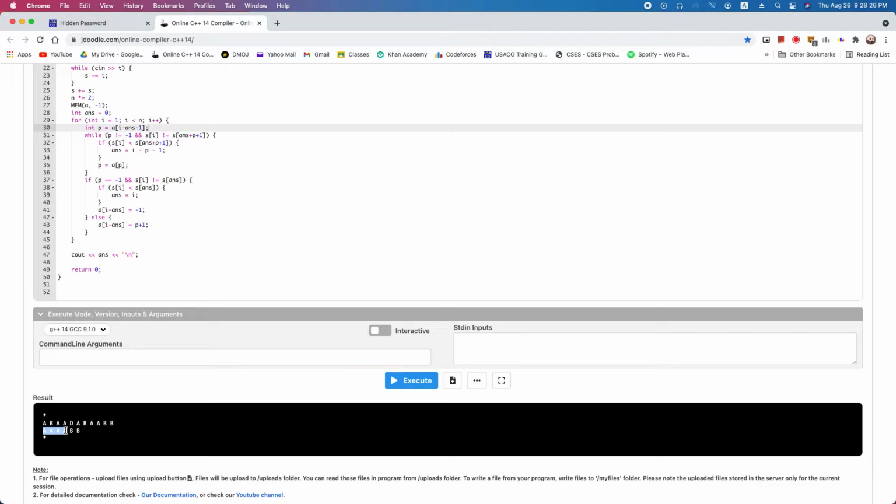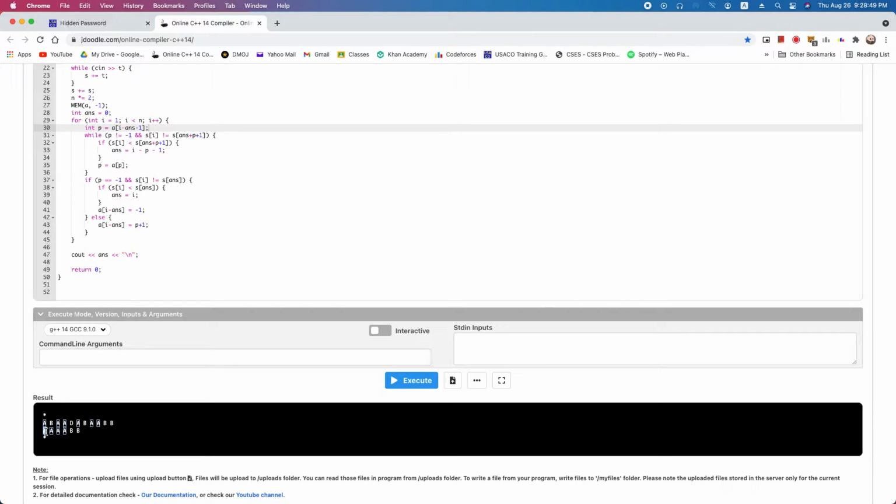The same applies for four letters. If we have AAAA, the longest will be the three A's in front and the three A's at the end. So we have to store this information for each prefix of the string.